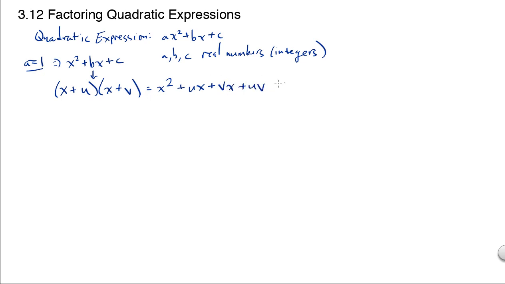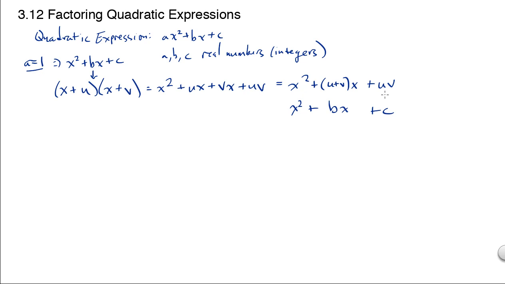I'm going to simplify this a little bit. I'm going to combine these like terms here. Combining them basically means factoring the x out of those two terms. So x squared plus (u plus v) times x plus uv. Now remember, this is x squared plus bx plus c.